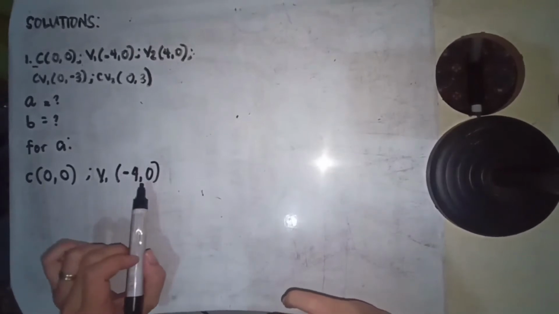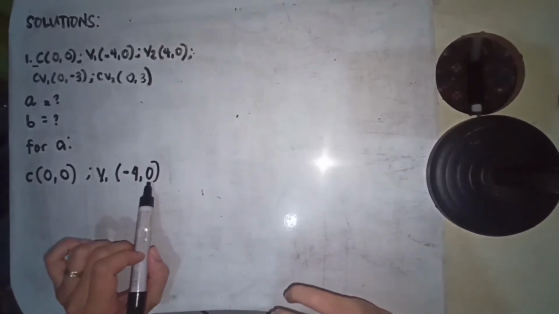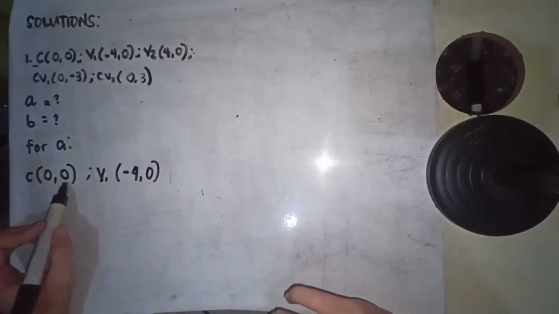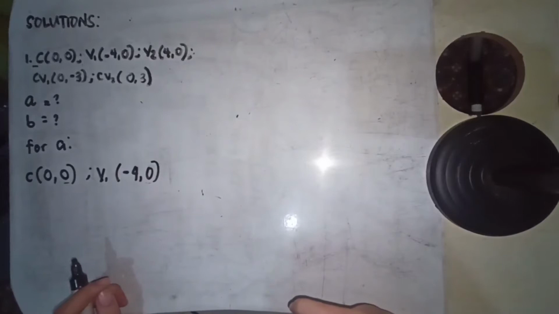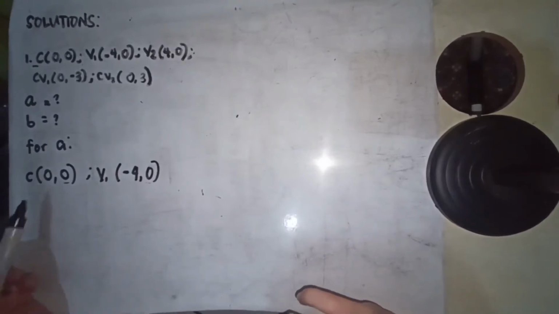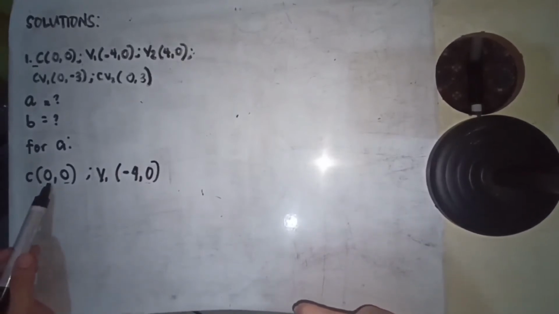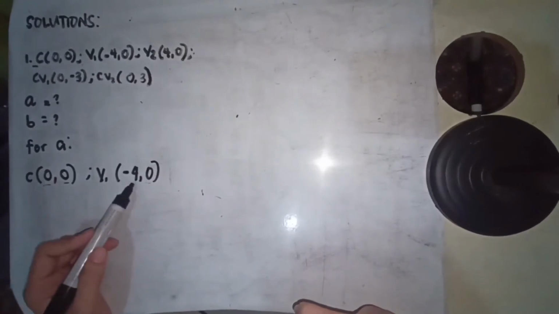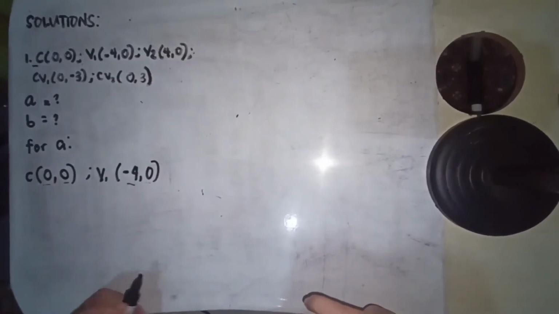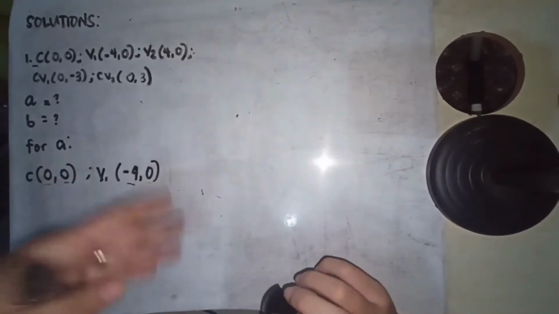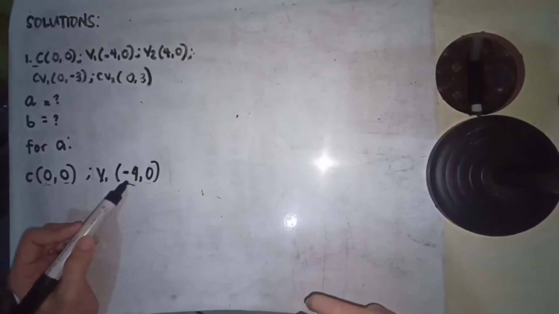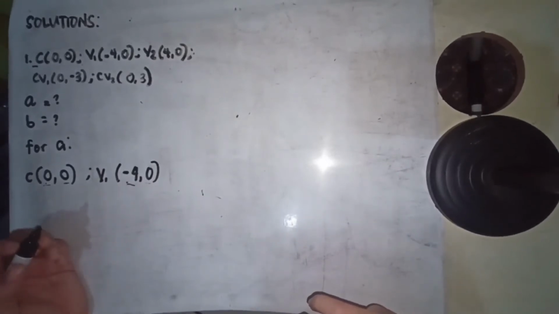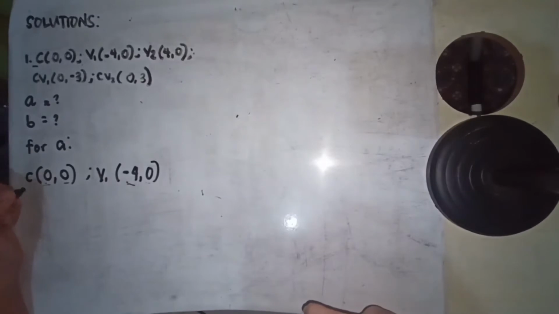Since its y coordinate is 0, and the y coordinate of the center is also 0, all we do is subtract the x coordinates of the center and vertex 1, and then take the absolute value since it's a distance. So we have 0 minus negative 4, that would be 0 plus 4, or 4. Therefore, our A is equal to 4.